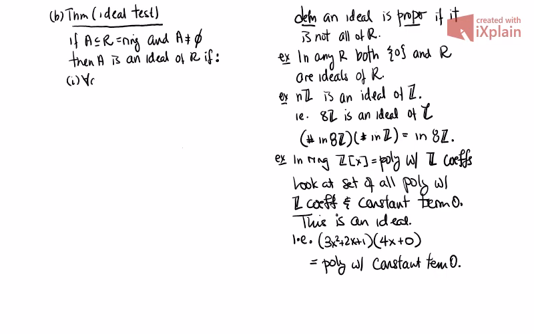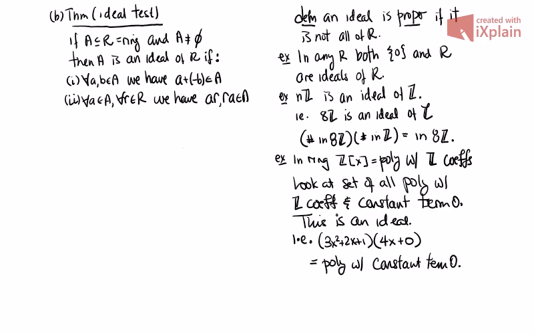So 1, for all a and b in A, we have a plus negative b in A. We can write this as a minus b as well. I just wrote it this way so we can think of it as a plus the additive inverse of b, but think of it as a minus b if you like. And 2, for all a in A and for all r in R, we have ar and ra in A.